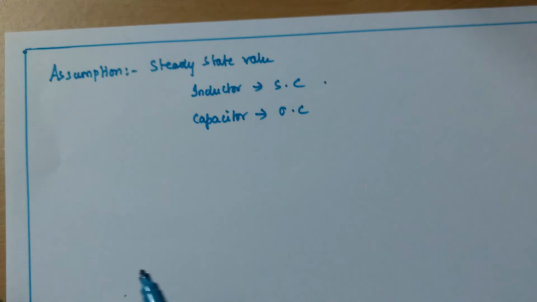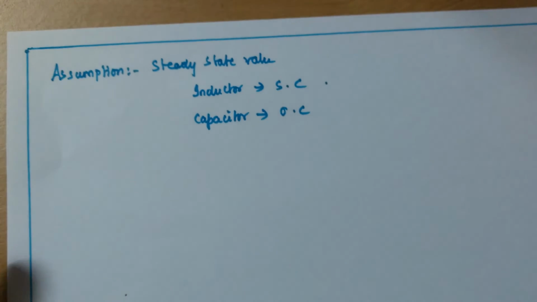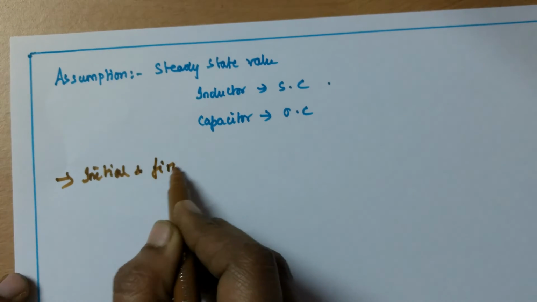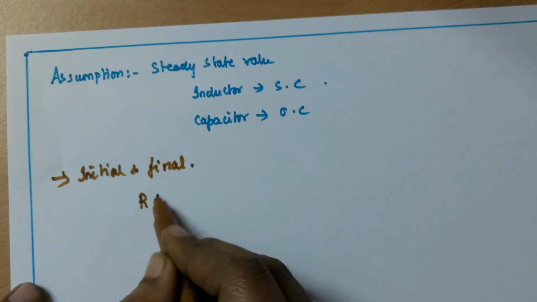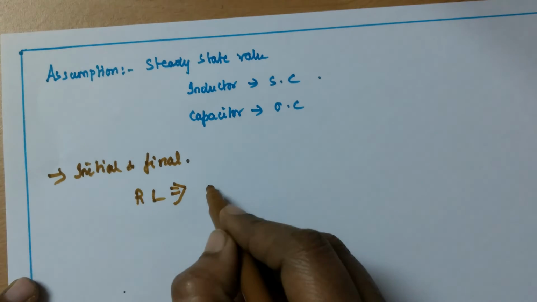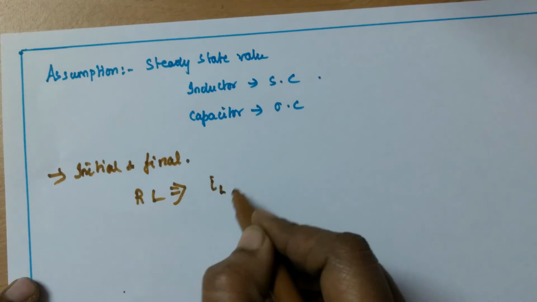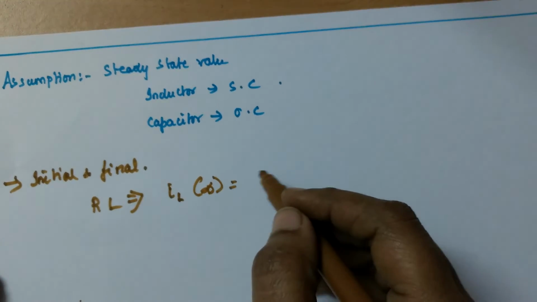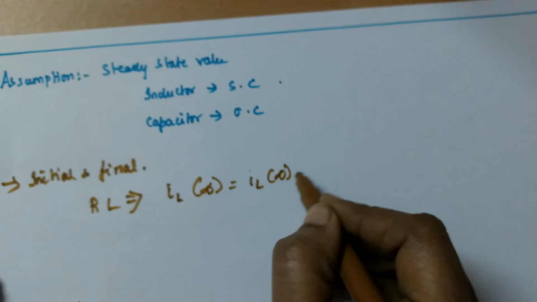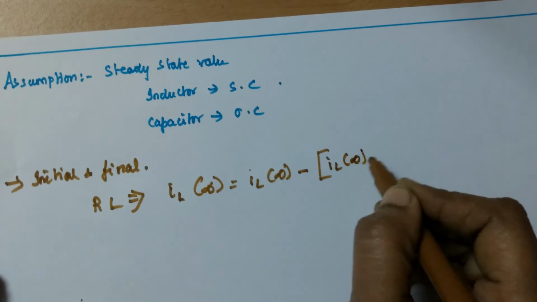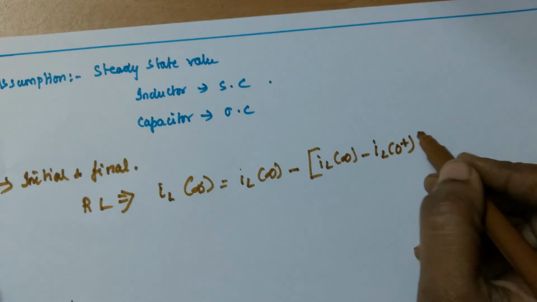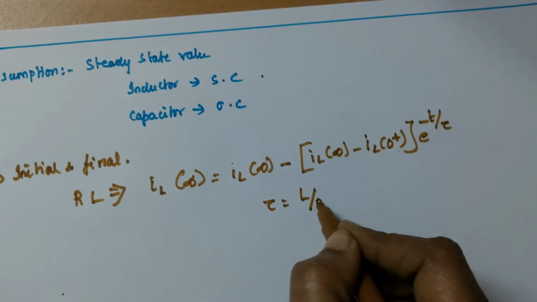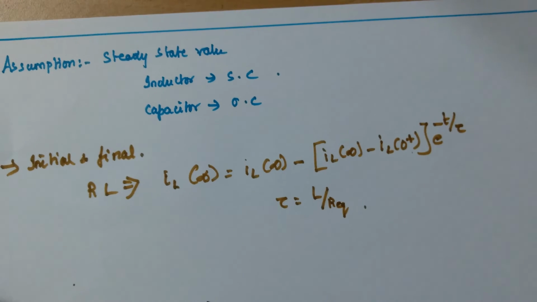And here another important point is that when the initial condition and final condition are given, for the RL transient we can write the equation for the current through the inductor as IL of t equal to IL of infinity plus IL of 0 plus minus IL of infinity into e power minus t by tau, where tau equal to L by R equivalent, that is the time constant for the RL transient.